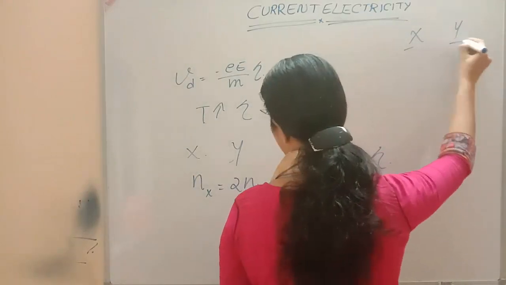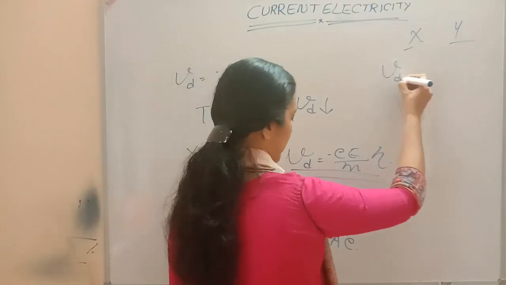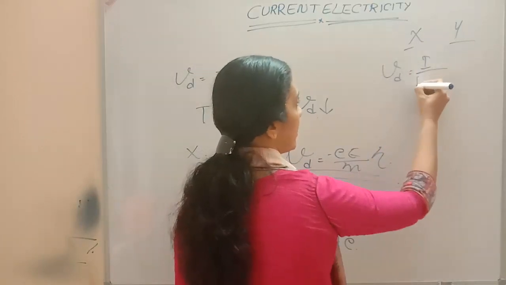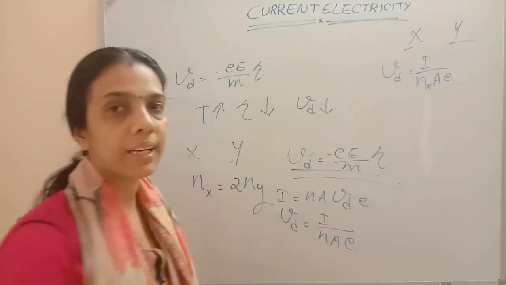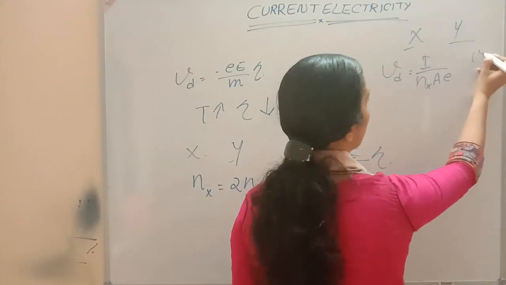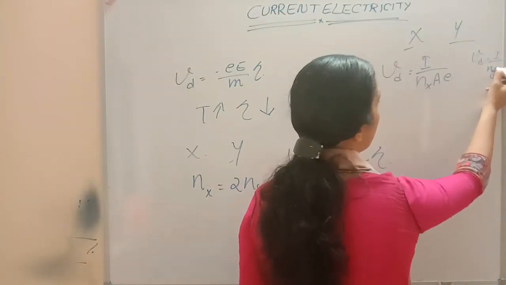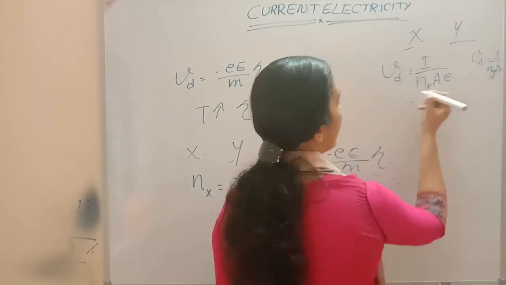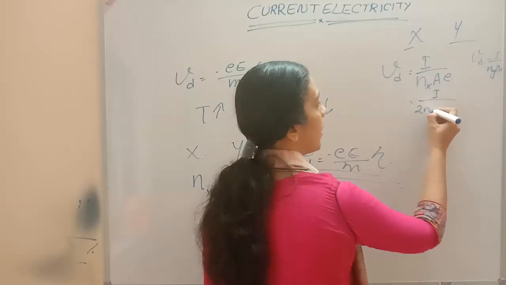For X, while we are considering drift velocity, Vd equals I by nx A e. A is the same because the radius is the same, they are telling. Now Vd of Y is equal to I by ny A e, and nx is 2 ny.